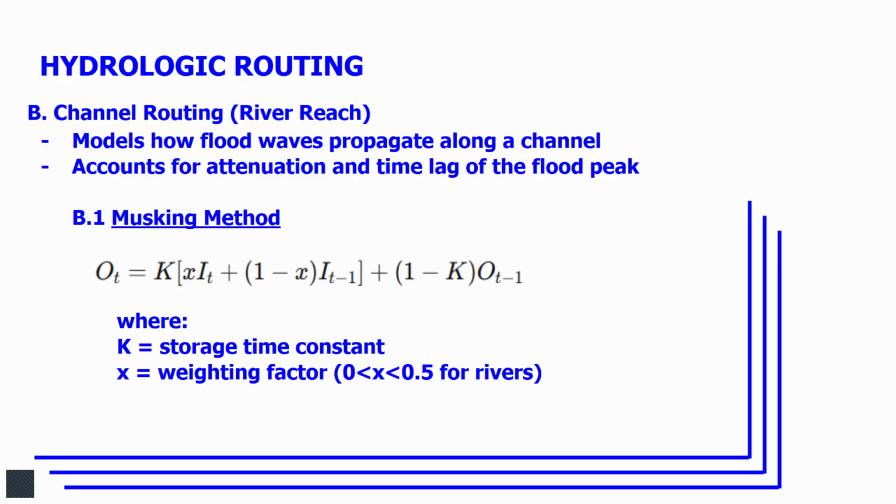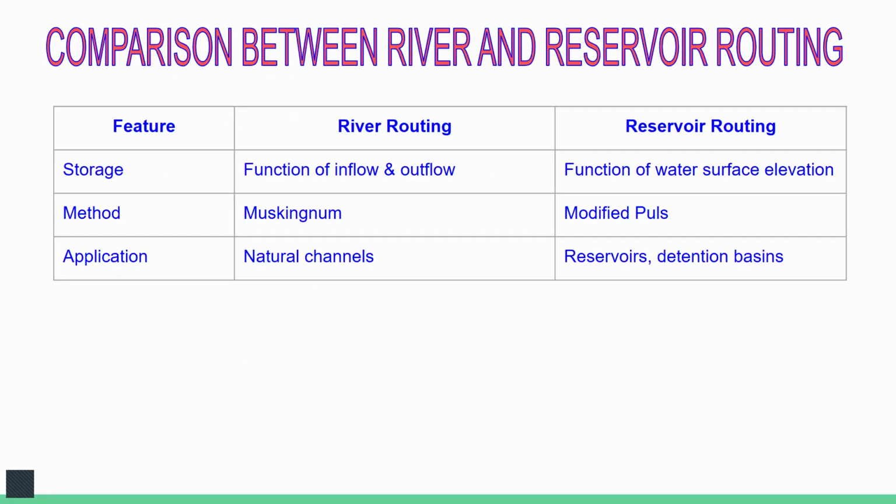This is for rivers. So this is the comparison between river and reservoir routing. In terms of storage, river routing is a function of inflow and outflow, while on the other hand, reservoir routing is a function of water surface elevation.